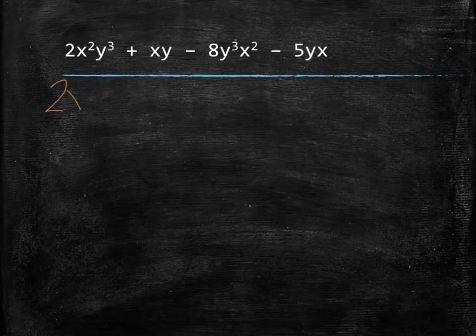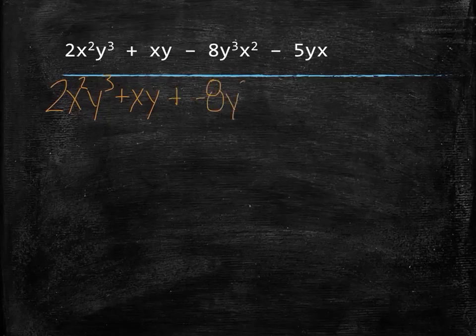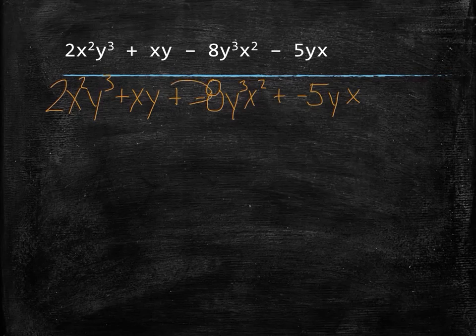We go 2x to the 2nd power, y to the 3rd power, plus xy. Now I'm going to say it's plus negative 8 y to the 3rd power, x to the 2nd power, plus negative 5yx. Now why did I add those plus signs in there? Hopefully you can see that this is the same thing.